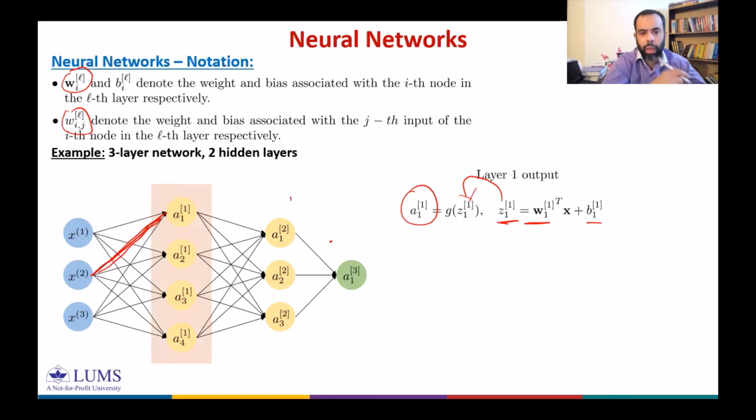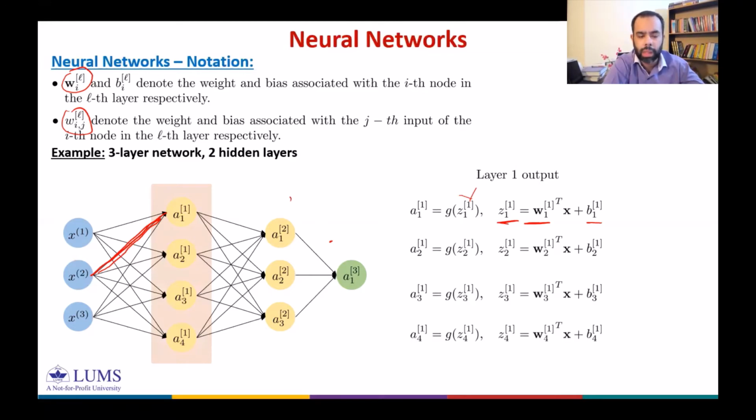Okay. And if we build on the same notation, we can obtain the output for the other 3 neurons in layer 1. Right. So these are the 4 equations representing the outputs for the first layer. Right?